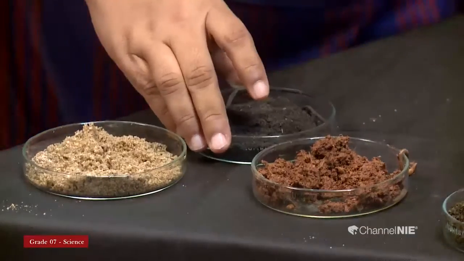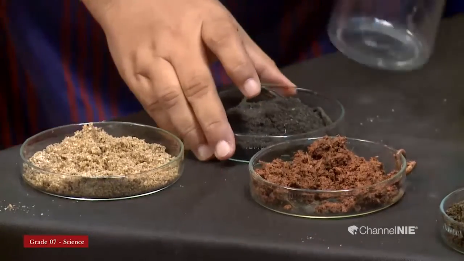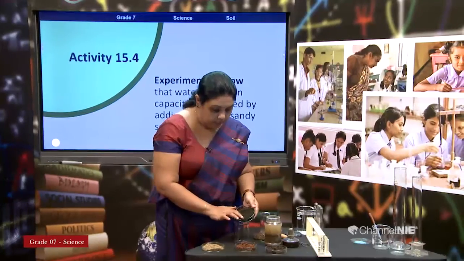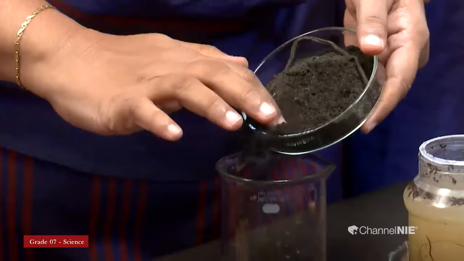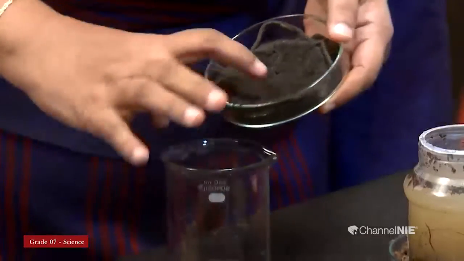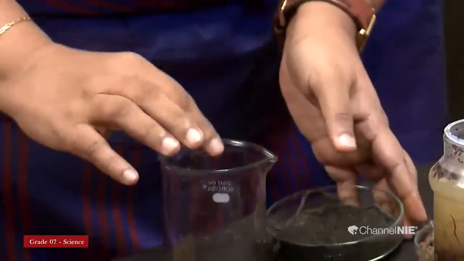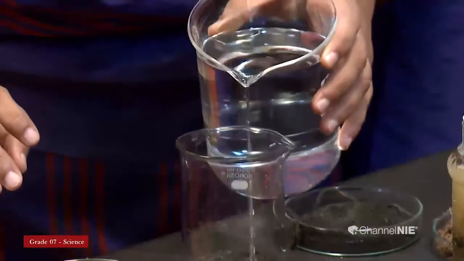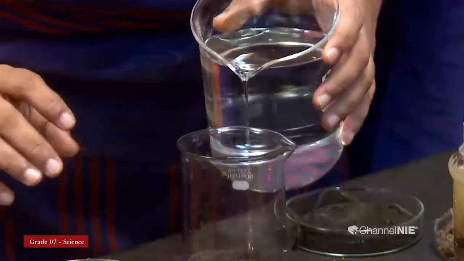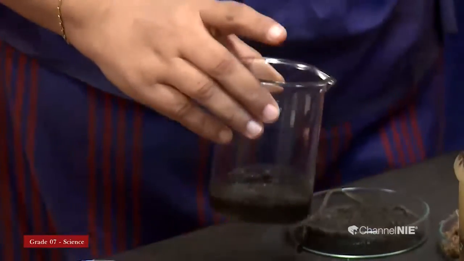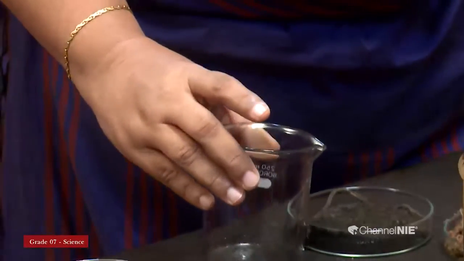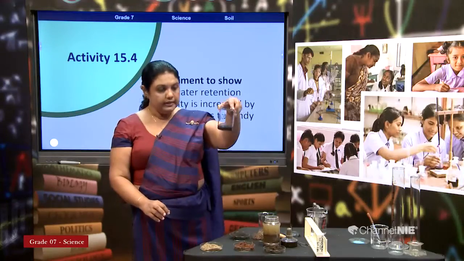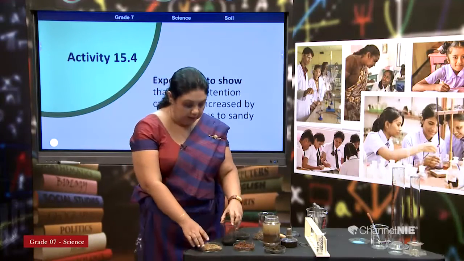When you put some water into this, I will add some humus here, right, just humus here, and we put some water and see. Right. So, when you put water to humus, it does not have that much ability to retain it, you can see that water is floating here.